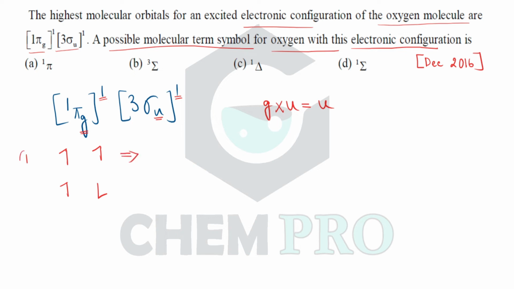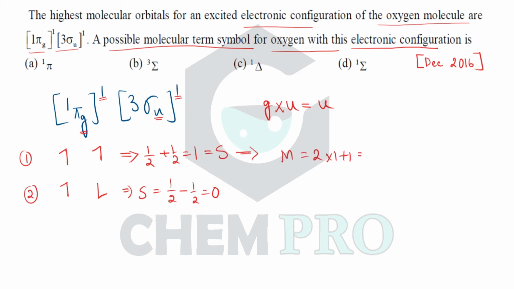For the first configuration, S equals half plus half, that is 1. For the second configuration, S will be half minus half equal to 0. So for this, M will be 2 into 1 plus 1, that is 3. And for this, M will be 2 into 0 plus 1, that is 1.